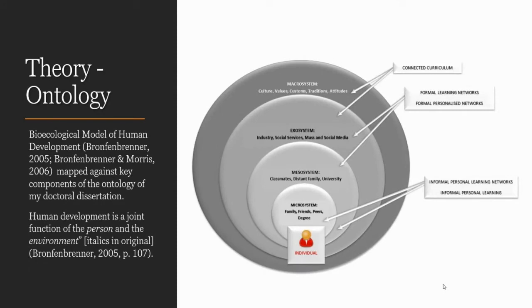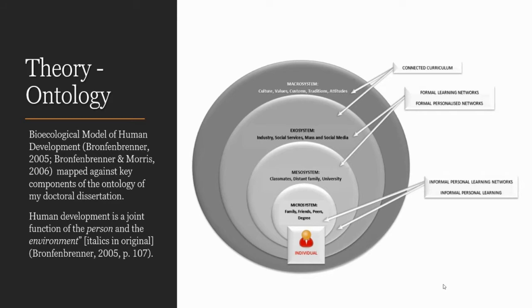Because I was talking about the importance of theory, my ontology was based on the bio-ecological model of human development. That's Bronfenbrenner, but his latest work, Bronfenbrenner and Morris. That's the example which I included in my PhD.